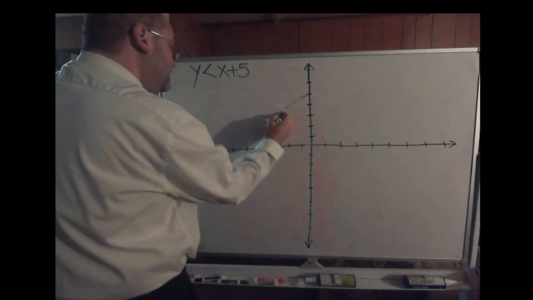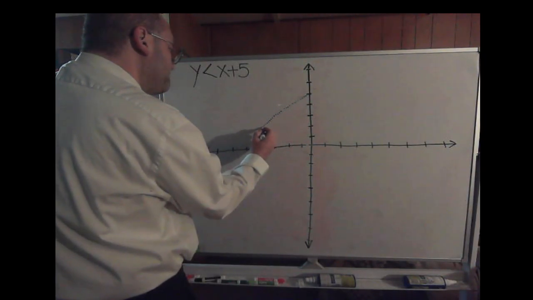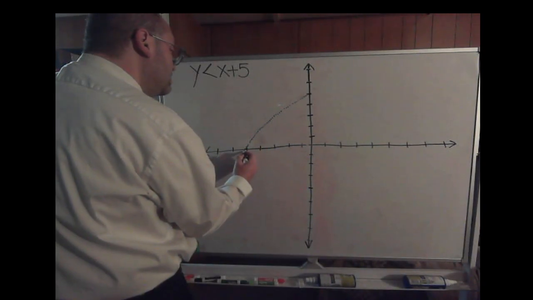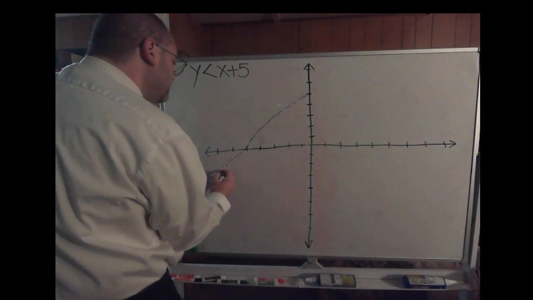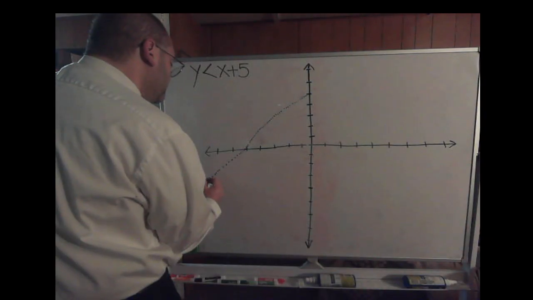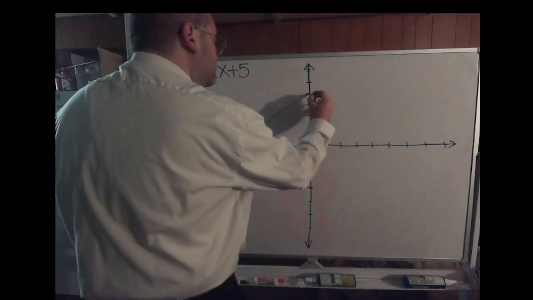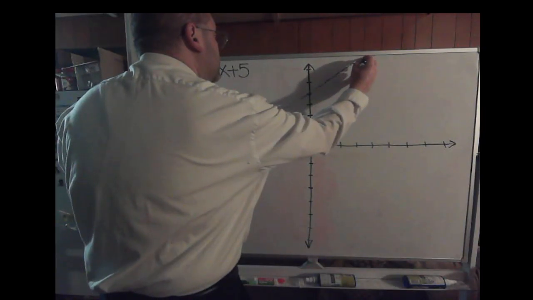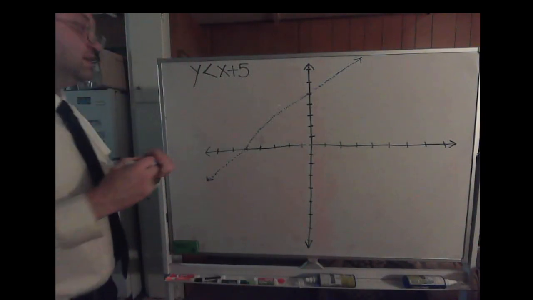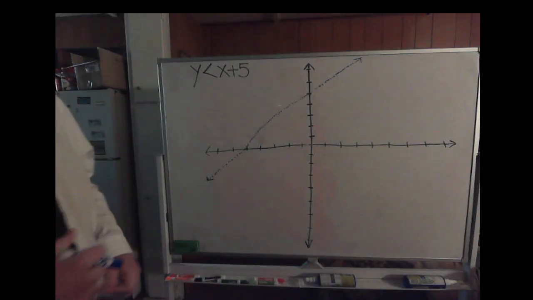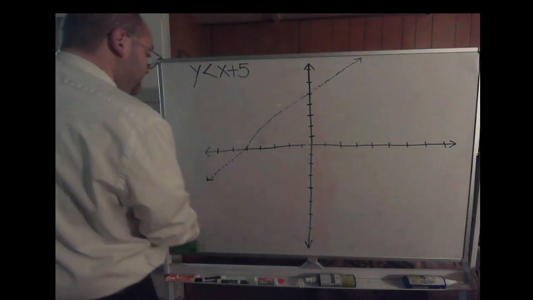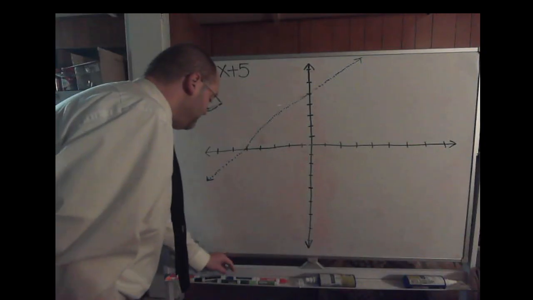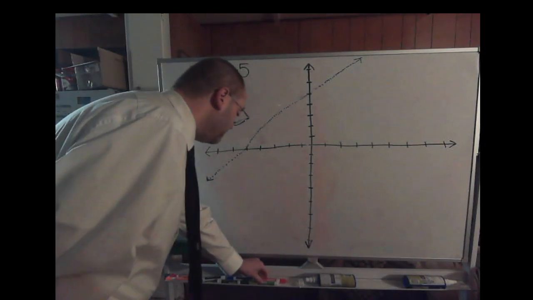The reason being is because we don't want to include the line itself in the solution of the graph. So there's a nice dotted line through y equals x plus 5. But again, it's dotted because we don't want to include the solution.